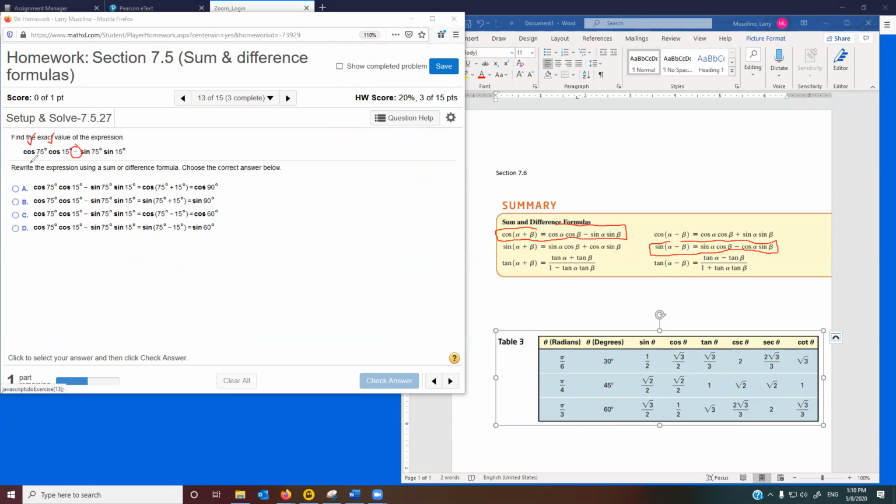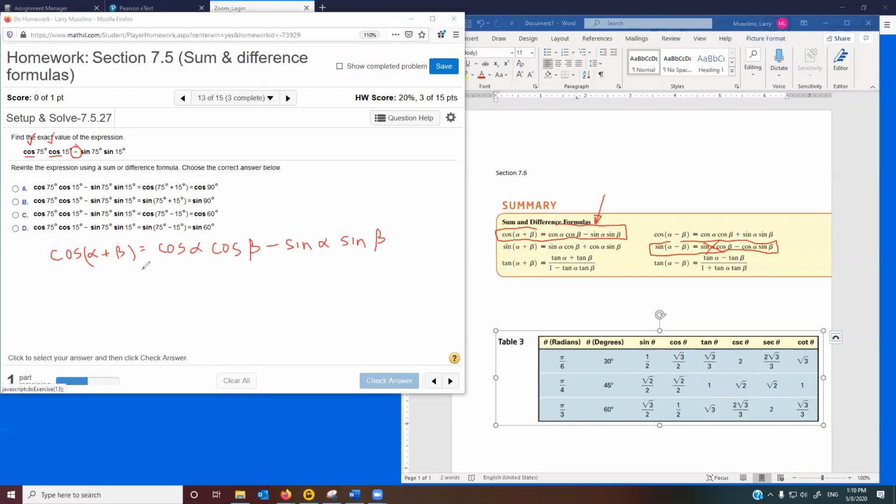But notice my expression has a cosine and a cosine. Well, that only matches up to this example right here, which is cosine alpha plus beta. So let me write it. Cosine alpha plus beta, according to this identity, is cosine alpha cosine beta minus sine alpha sine beta.